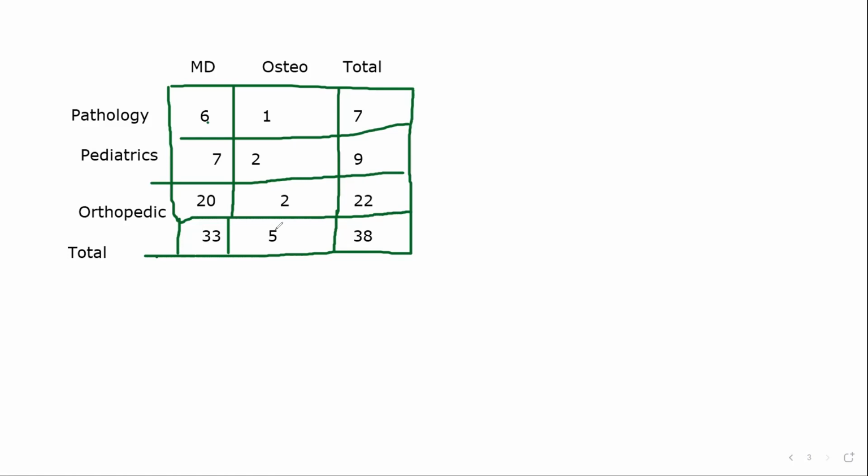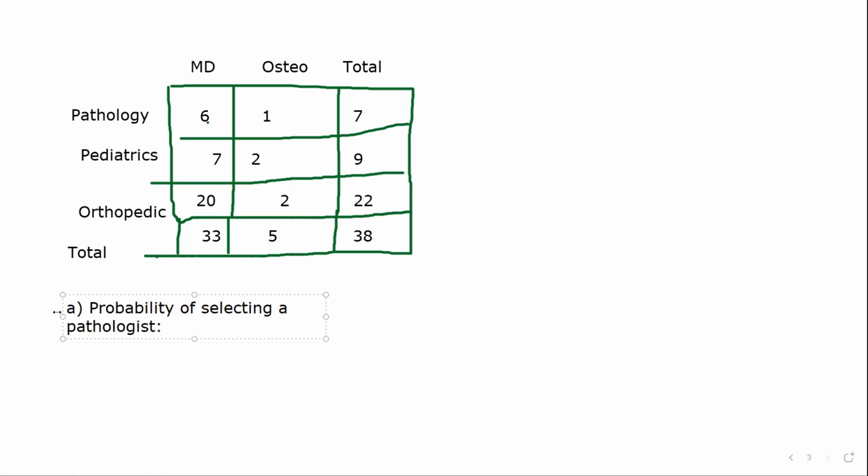But unless I tell you to make some other distinctions, I'm always talking about the whole sample. So in this case, A is the probability of selecting a pathologist, right?